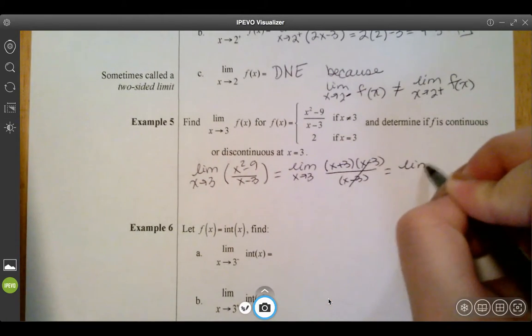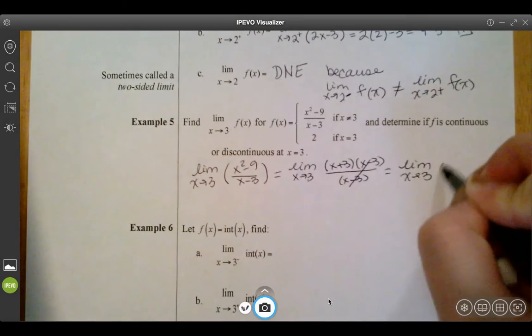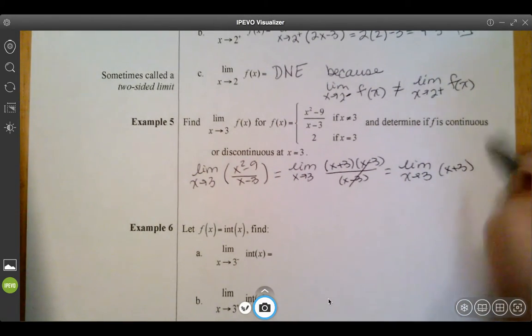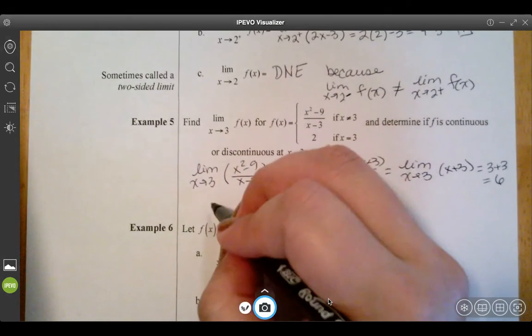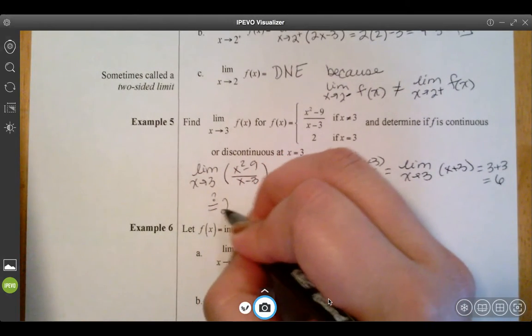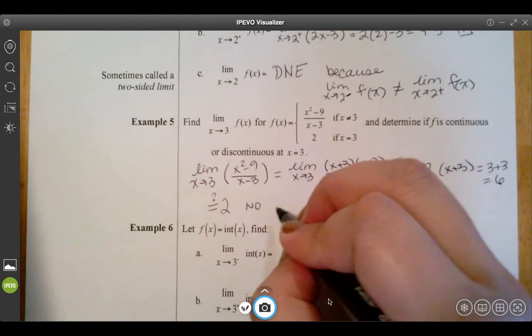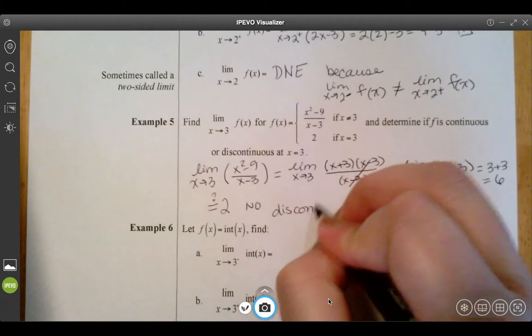So this is the limit as x approaches 3 of x plus 3. Now x plus 3 is continuous, and so we can say this is 3 plus 3, which is 6. And the question is, is it equal to 2? No. And that means the function is discontinuous.